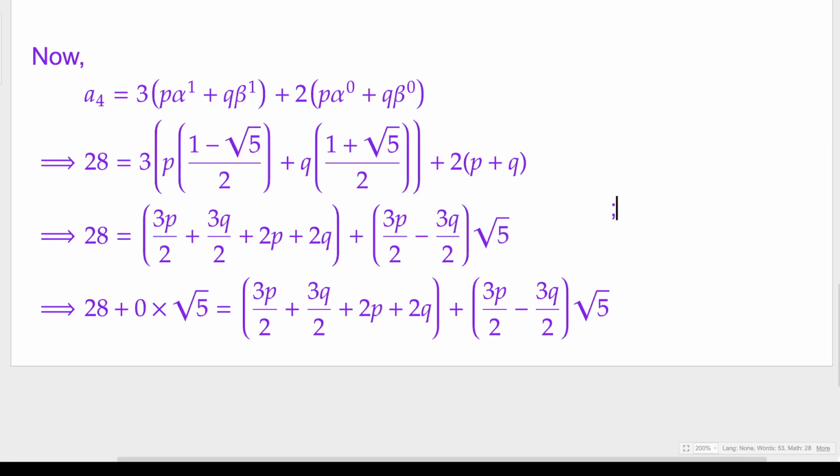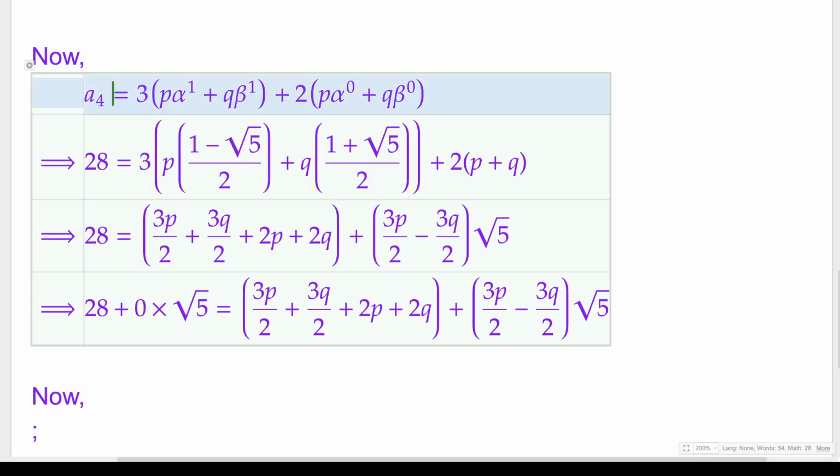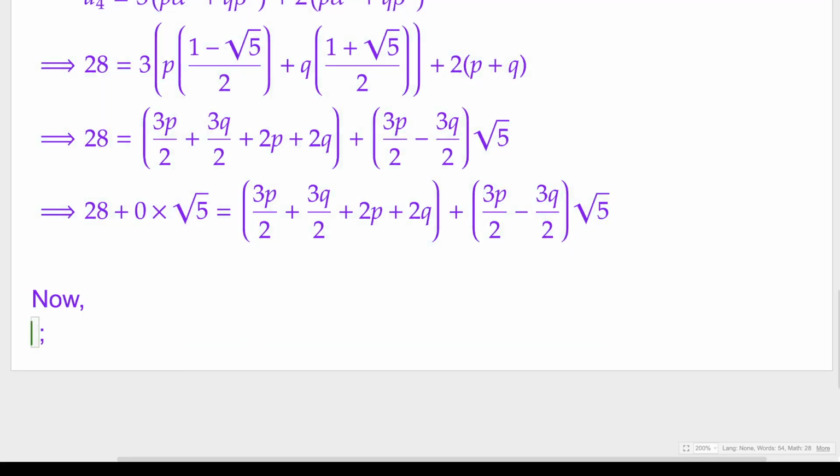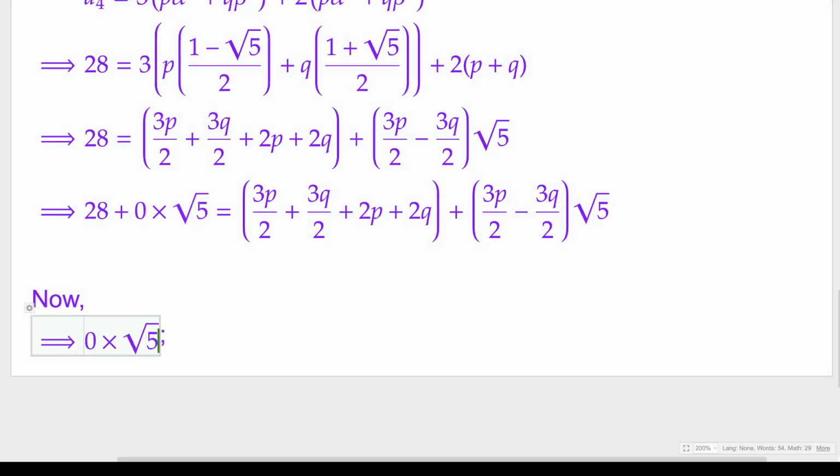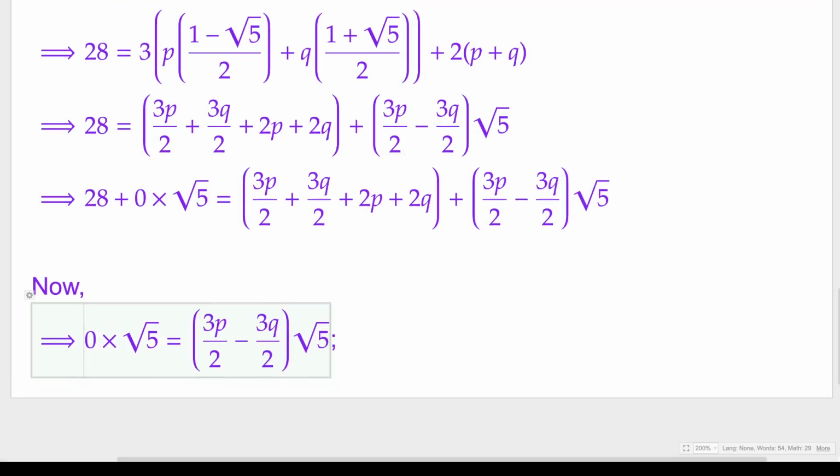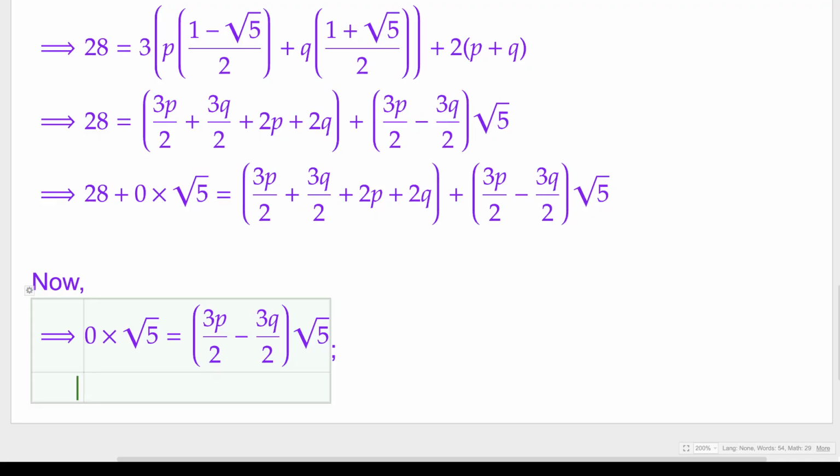Now in the next step, this implies that 0 times square root of 5 is comparable with this particular factor, right? So from this we can clearly observe, on resolving this we will be getting p is equal to q, right?